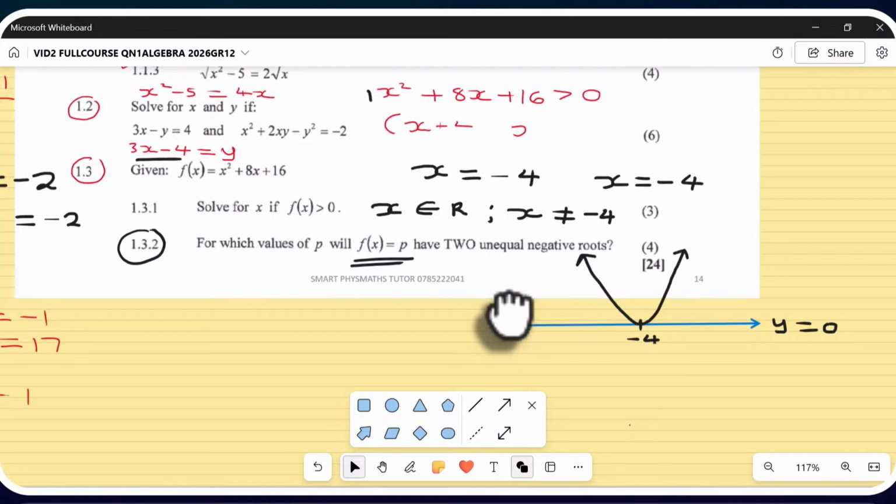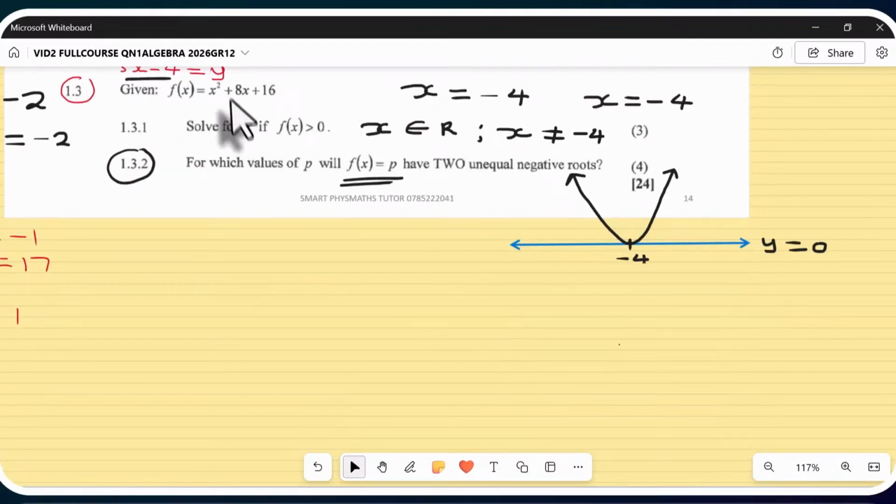Now for this to have unequal roots, we know that the discriminant should be bigger than 0. Now our discriminant here should be greater than 0.